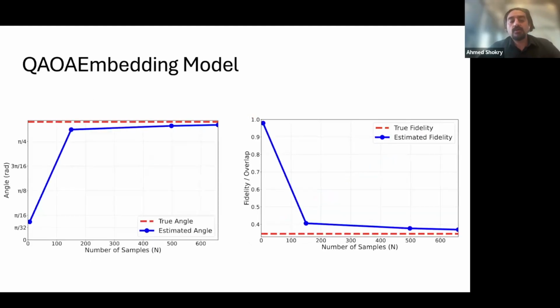We also validate our protocol using a practical model, the QAOA PennyLane embedding model, where we have a ground truth angle between the two groups of about pi/2. If we increase the number of samples n in our protocol, we eventually approach the true angle, and in turn the true fidelity between the two groups.